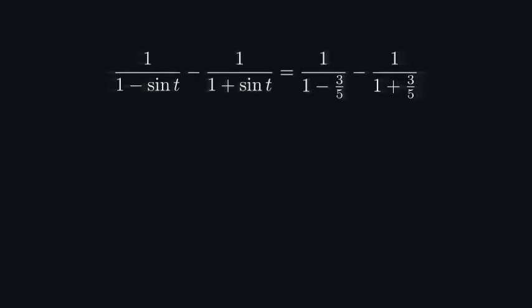1 over 1 minus sine of t, minus 1 over 1 plus sine of t, equals 1 over 1 minus 3 over 5, minus 1 over 1 plus 3 over 5. So this simplifies to 1 over 2 over 5, minus 1 over 8 over 5. So this simplifies to 5 over 2 minus 5 over 8.